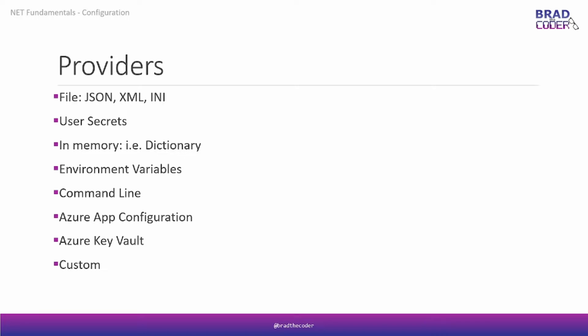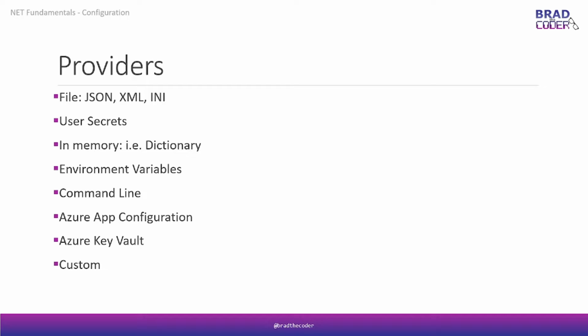We already mentioned environment variables and command line, but the next two are very cool: app configuration and Azure Key Vault. Now, app configuration is a centralized, Azure cloud-based configuration service. It's great. It also includes feature management and feature flags. So definitely something to check out.